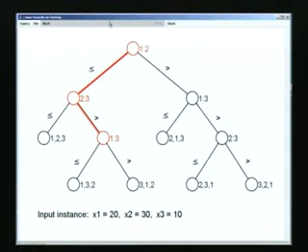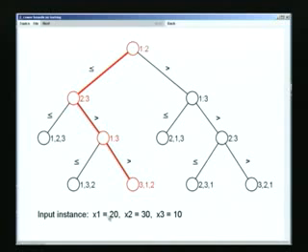So we arrive at this node, and at this node we just output 3, 1, 2, which represents our conclusion that x3 is the smallest, x1 is the next smallest, x2 is the largest. And indeed, x3 is 10, which is the smallest of 10, 20, 30, x1 is the next largest, and x2 is the largest.